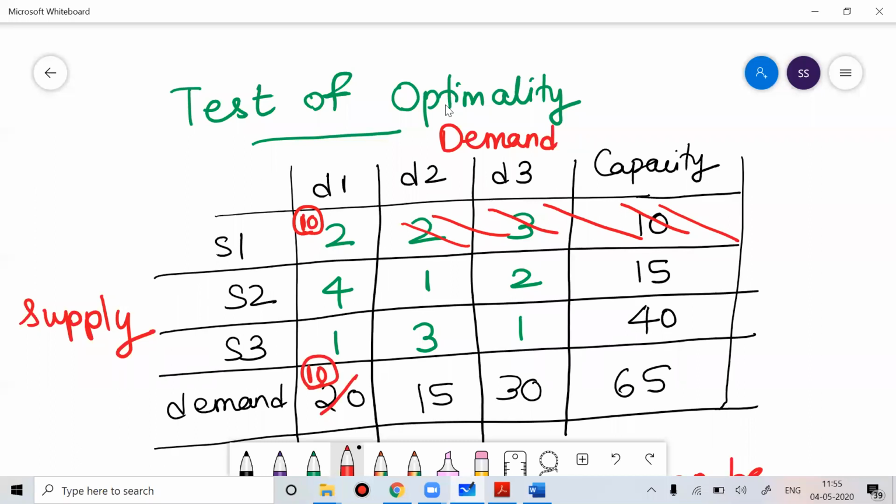Now the next northwest corner cell is A21, where the demand is 10 and the capacity is 15. If you put 10 here, this is done, and the left is 5. Now the next cell is A22, so you put 5 here, and the left is 10. Now you'll put 10 here.